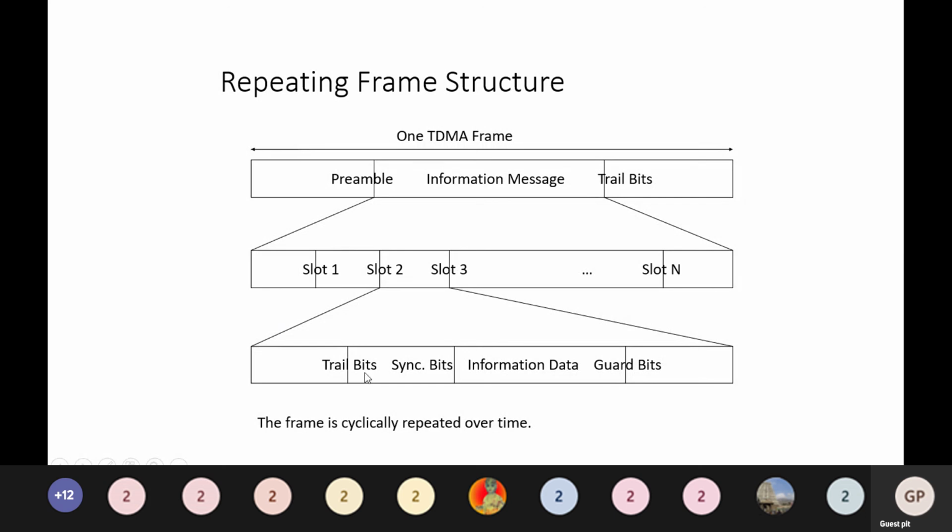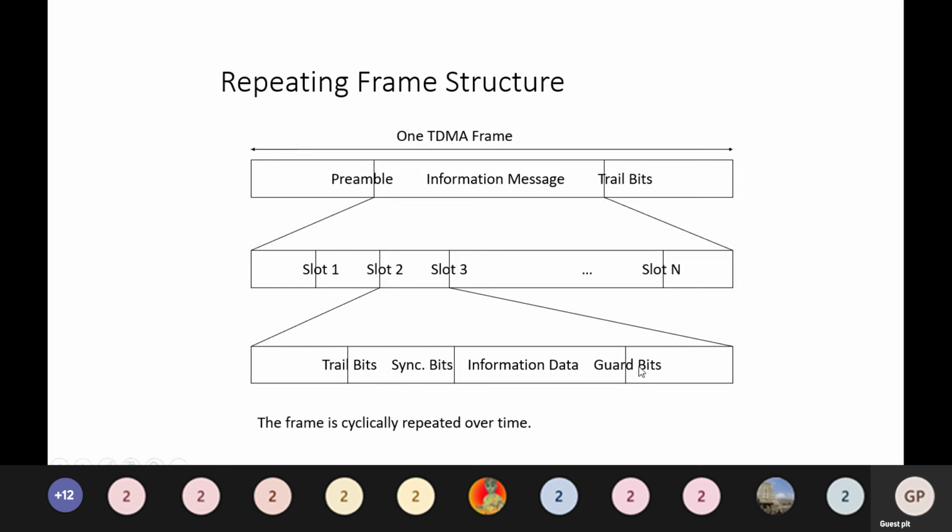A particular time slot will have trail bits, synchronization bits, information data, and guard bits. The frame is cyclically repeated over time.